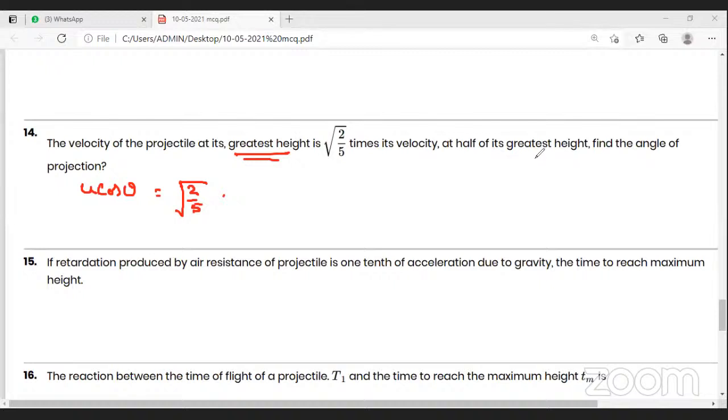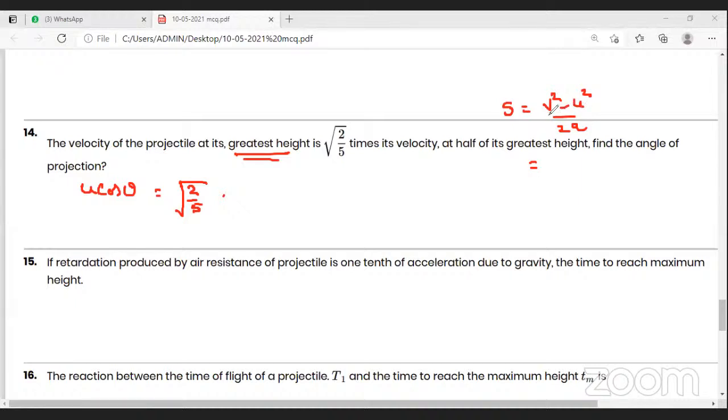At half of its greatest height, they are asking what is the velocity of the projectile. Okay, the velocity of the projectile at half of its greatest height, you can write in a different way. What is the formula you can write for h only? V square minus u square by 2g, and for the height you have to consider only the sine components here.